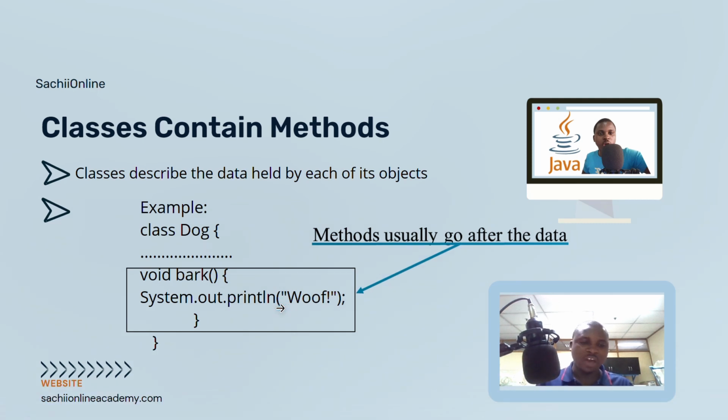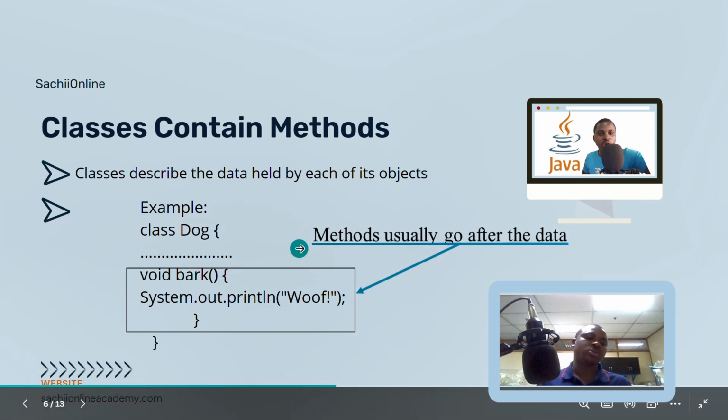A method in Java is just like a function that we've done in C programming or in other programming languages. You can put the return type here, it's void, and then the name of the function, and then from there you put these brackets. If there are parameters or variables you want to pass, you put them inside these brackets, and then the opening and the closing, and anything that you want to be done by this method, you put inside these braces, and then after that you are out of that method.